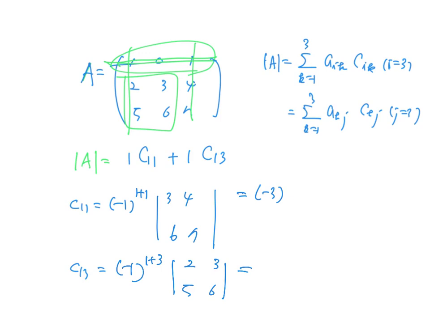So minus 1 to the 1 plus 3 is plus 1. 12 minus 15 is minus 3. So determinant A is actually minus 6. So you can calculate the determinant using minors, cofactors, and original elements.